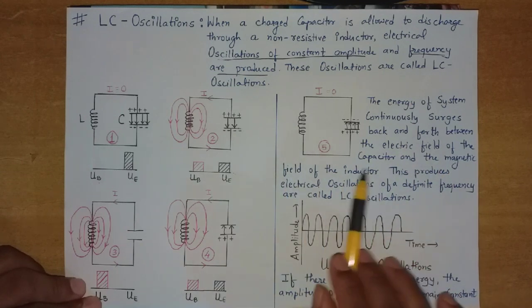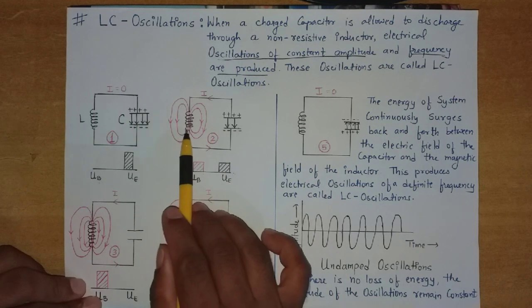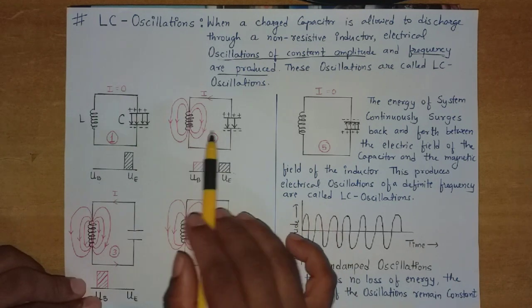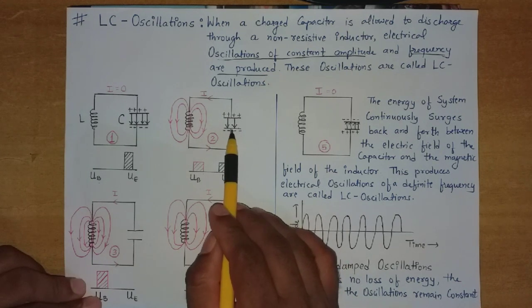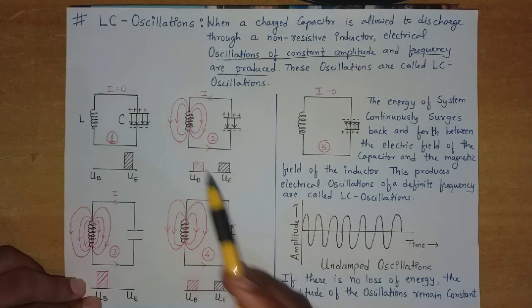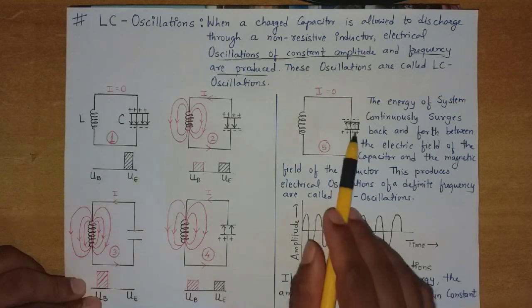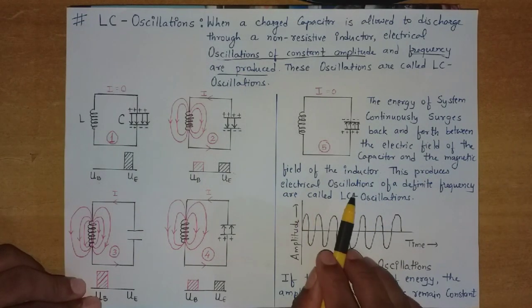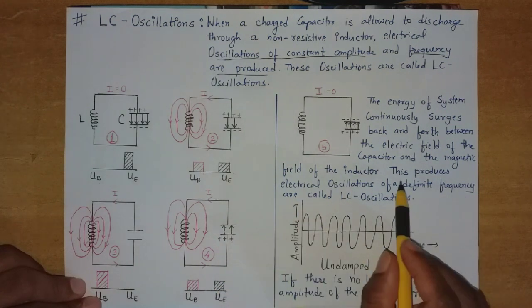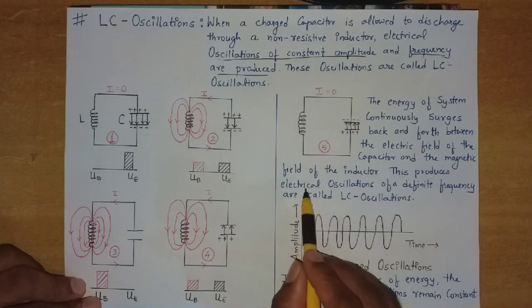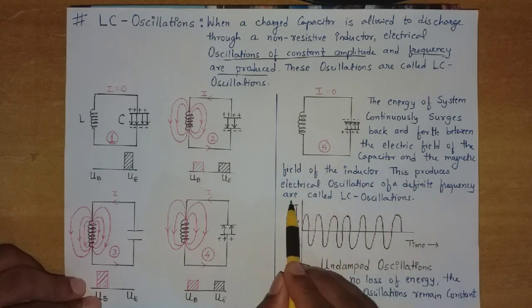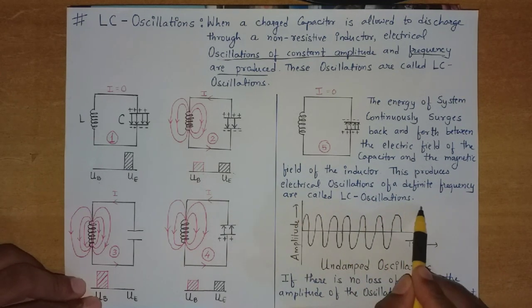As you see, between the inductor and capacitor, the energy is continuously converting from the electric field to the magnetic field, and again from the magnetic field to the electric field. Clear? So this is how the energy oscillates from electric to magnetic. This produces electrical oscillation of a definite frequency and is called LC oscillation.